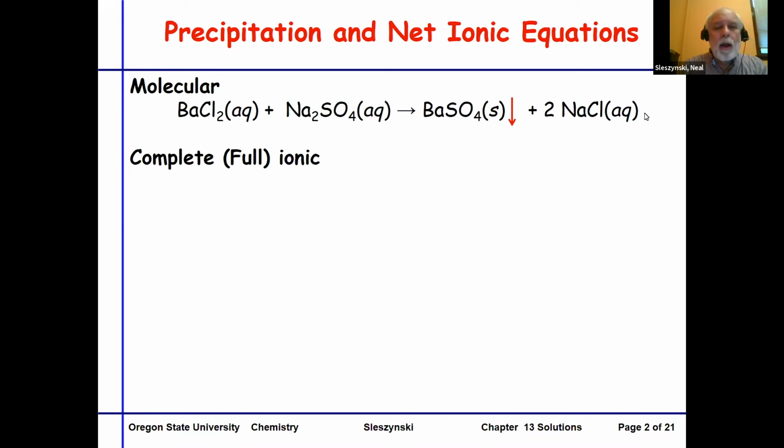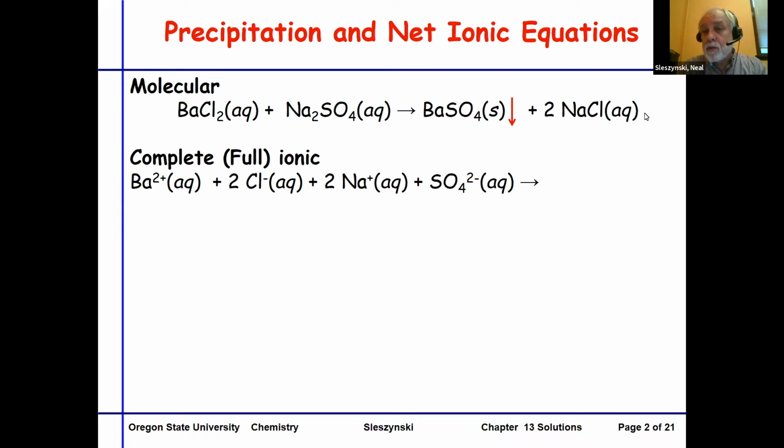We can also write what's referred to as a complete or full ionic equation. And instead of writing barium chloride with (aq) after that, if barium chloride, an ionic compound, dissolves in water, that means what we have is in fact barium ions in solution, chloride ions in solution, no longer associated with each other.